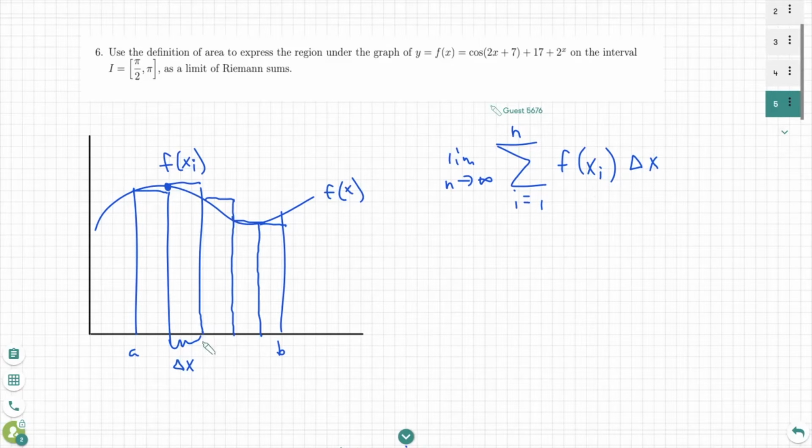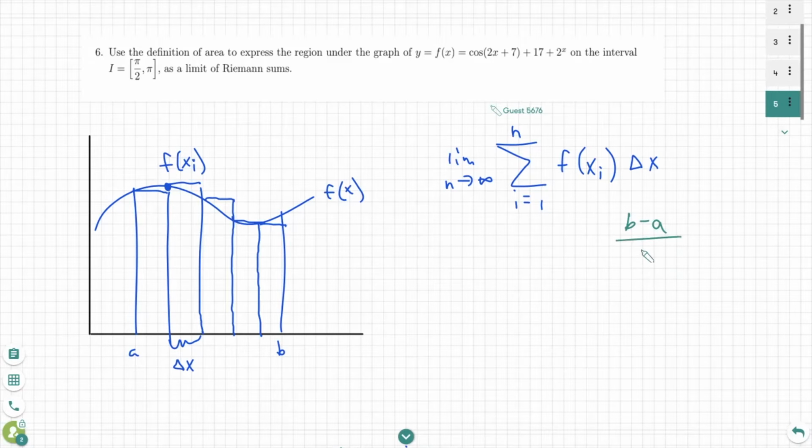Take the total, b minus a, and then divide that by n, the number of rectangles. Right, you take the whole interval, divide by the number of rectangles, and you get the width of each rectangle.